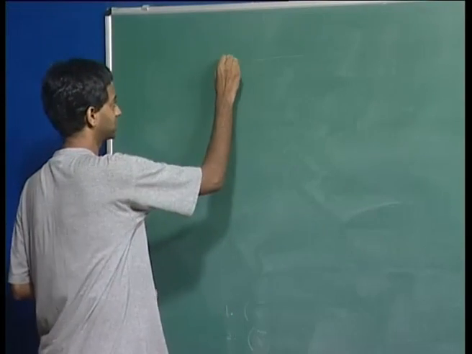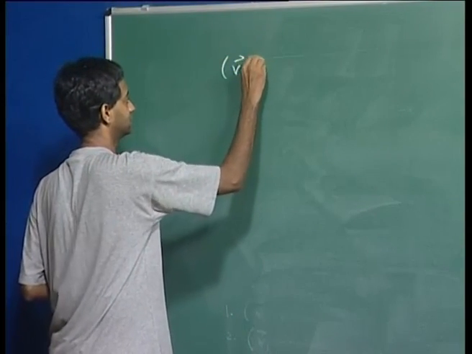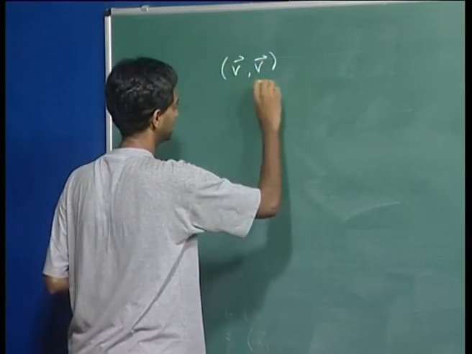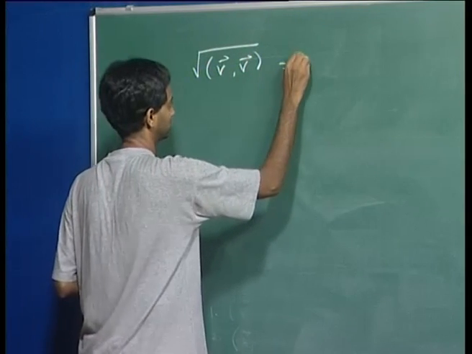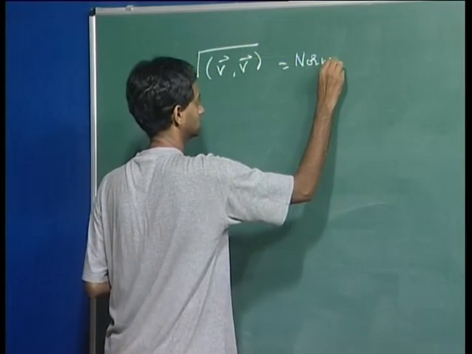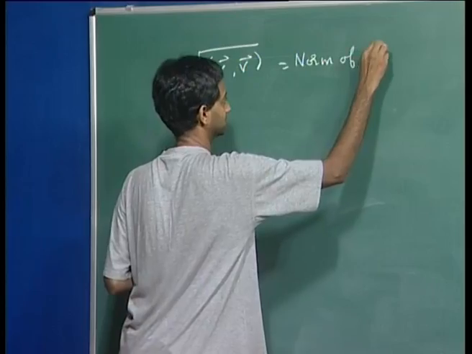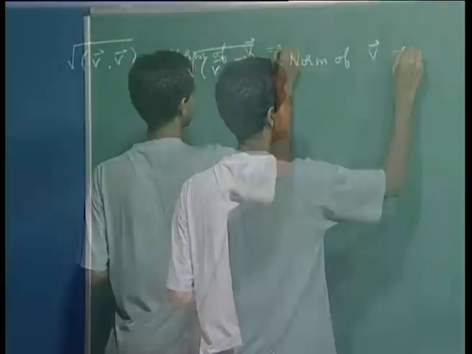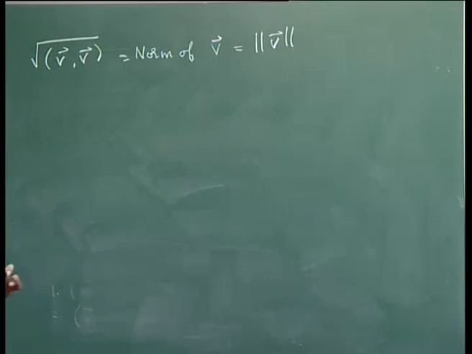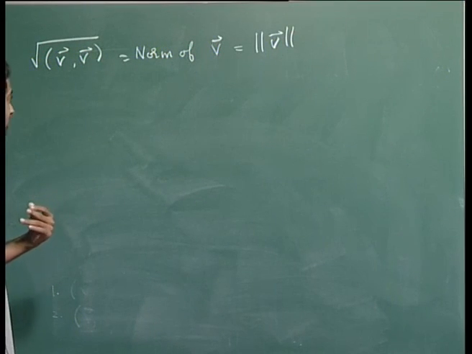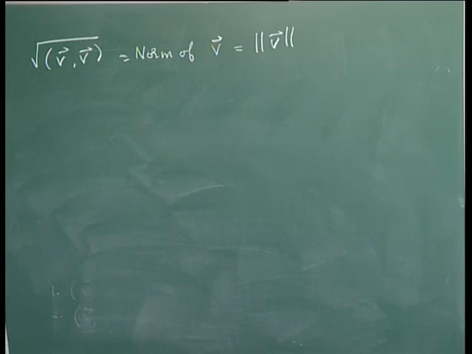Now, the square root of the inner product of any vector with itself is called the norm of the vector, and it is denoted by the norm of v. So one of the conditions of the definition of inner product is that the norm should be greater than or equal to 0.